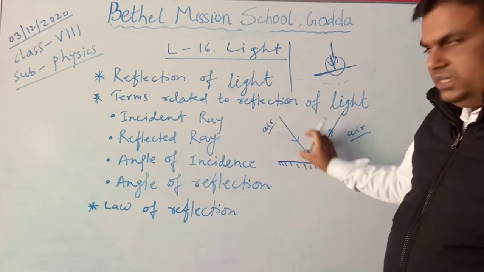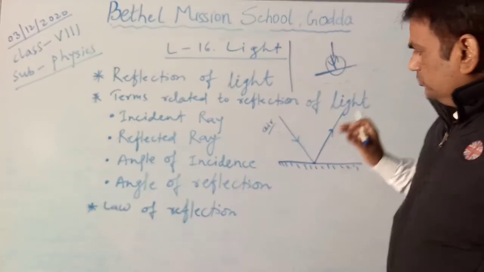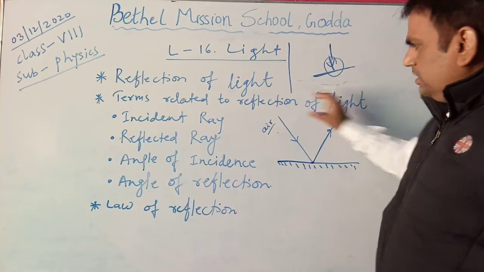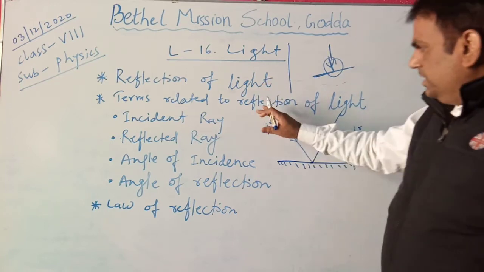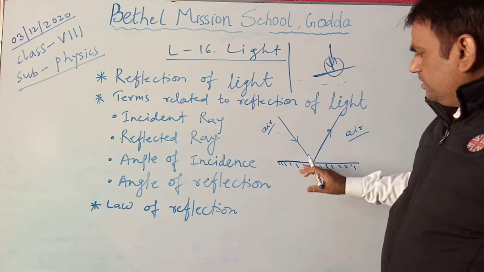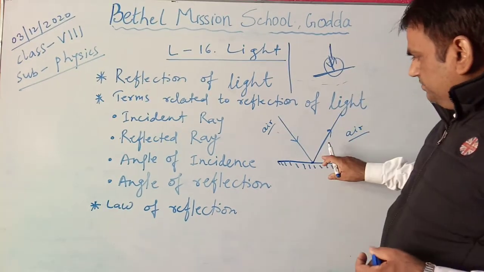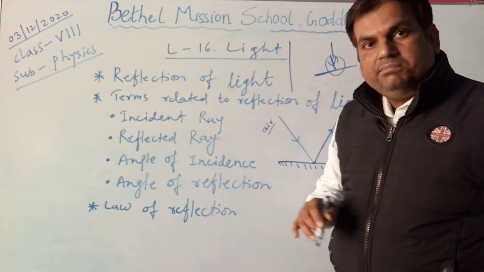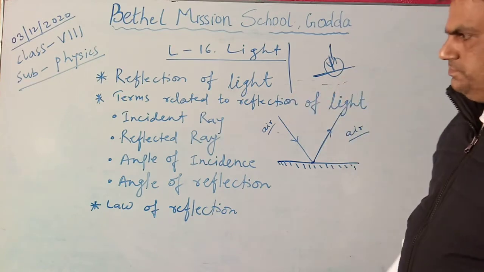Light coming through air reflects in air also. When a ray of light falls on a highly polished and smooth surface, after reflection it bounces back into the same medium, and this phenomenon is known as the reflection of light.